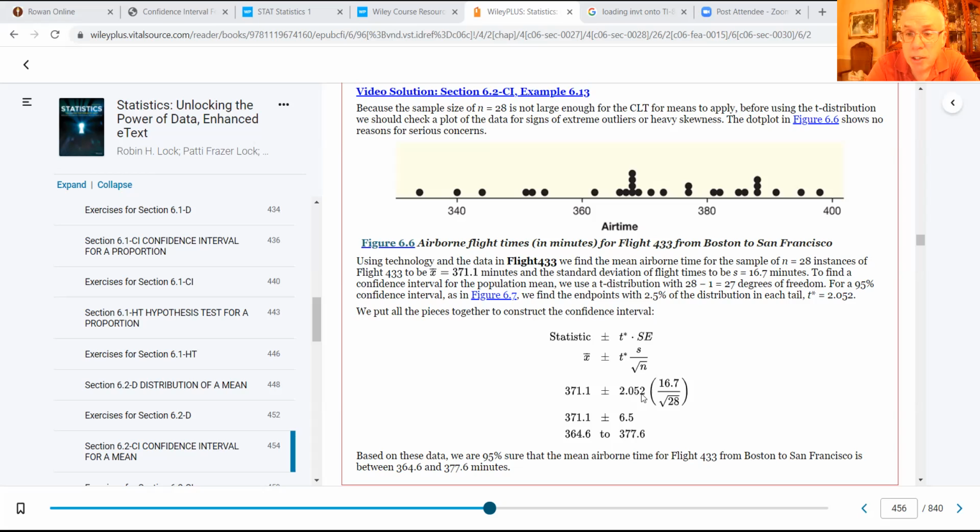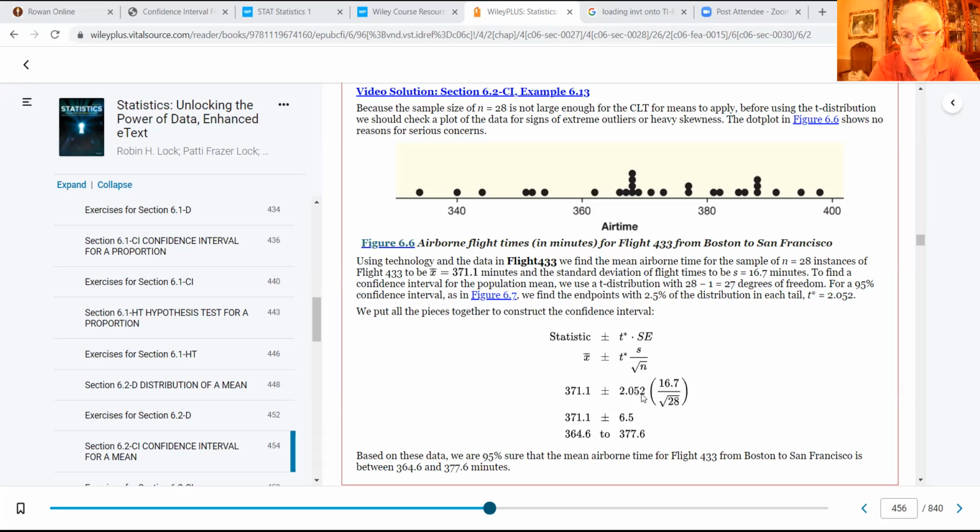Now, by the way, the T is only used for means, never used for proportions. For proportions, the standard error is the square root of P hat times 1 minus P hat divided by N, right? The square root of all of that. There's nothing in there about a standard deviation.